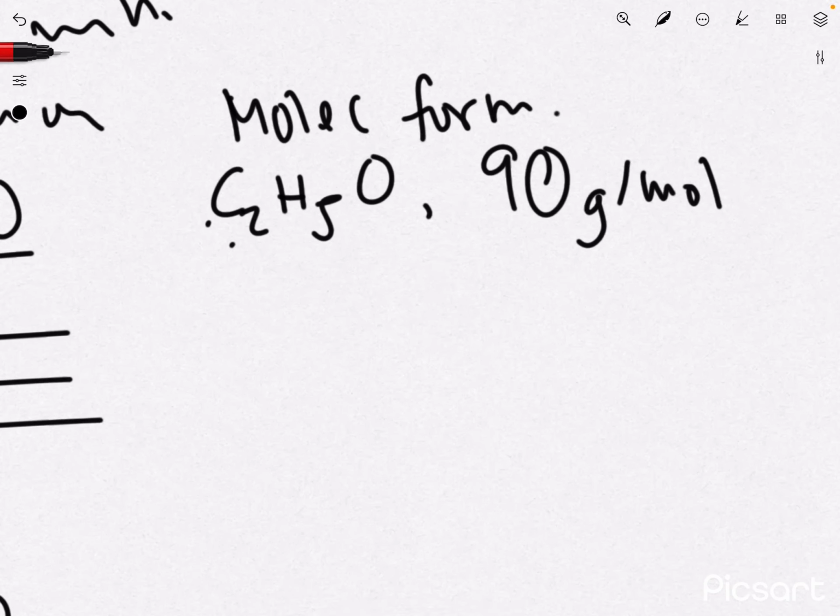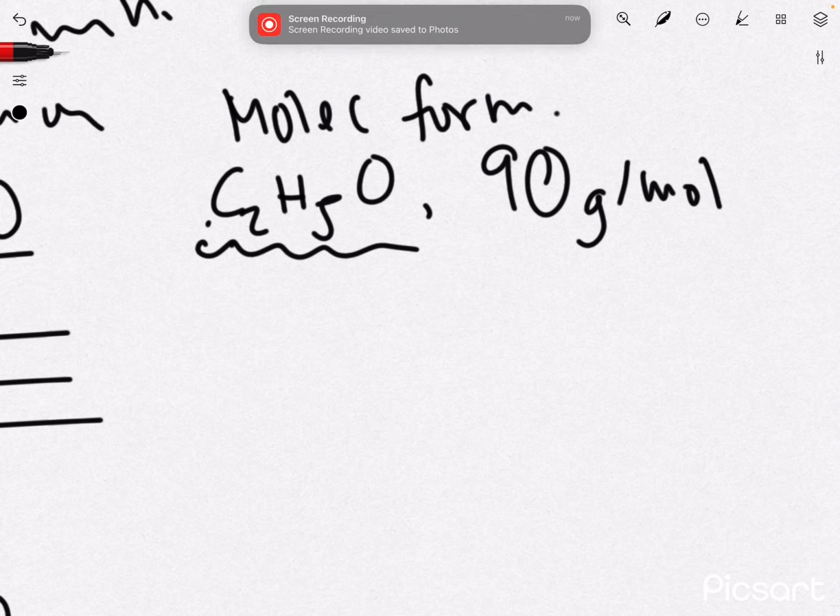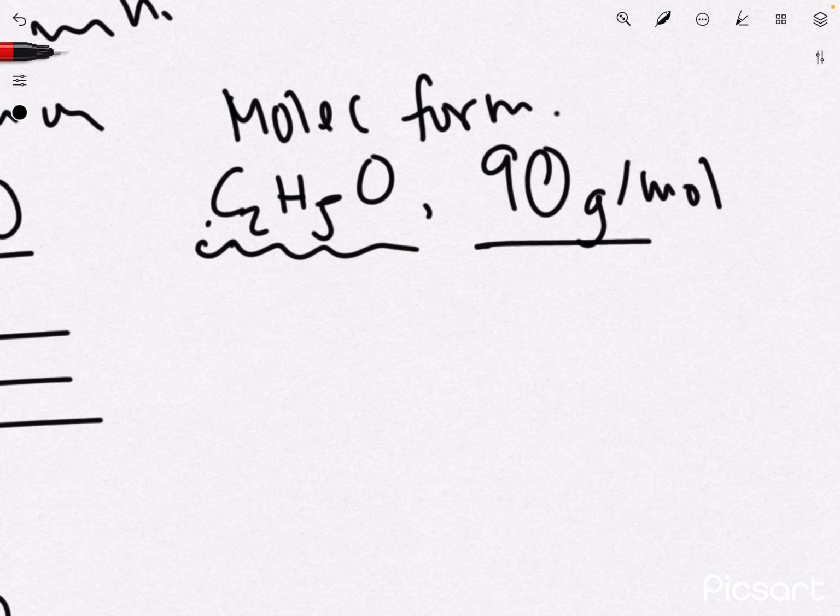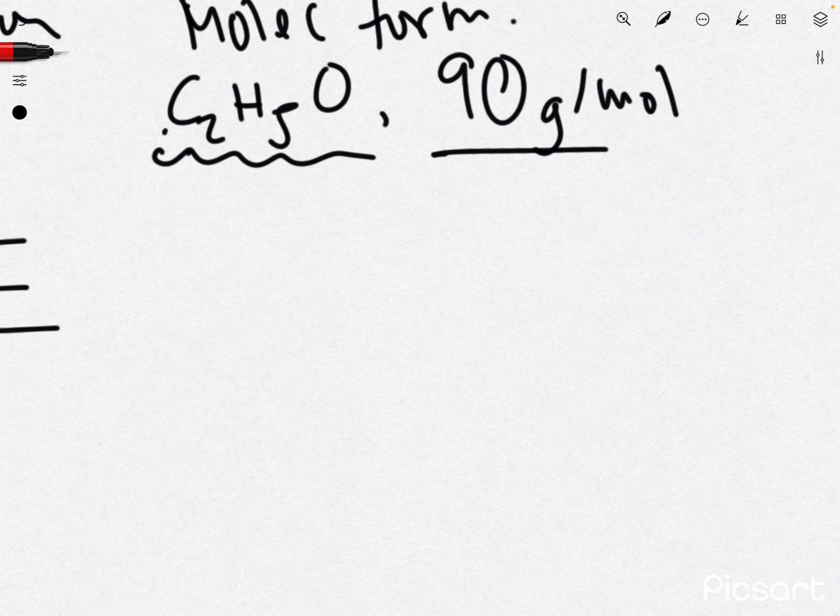So to calculate the molecular formula of, say, this empirical formula right over here, when we know that the whole thing should have an MR of 90 grams per mole, correction, that's molecular formula.